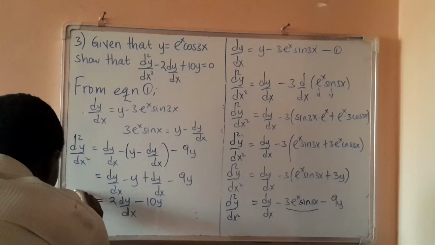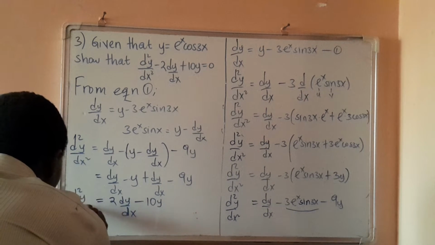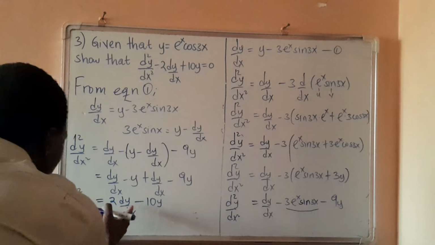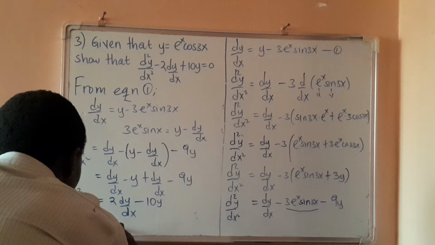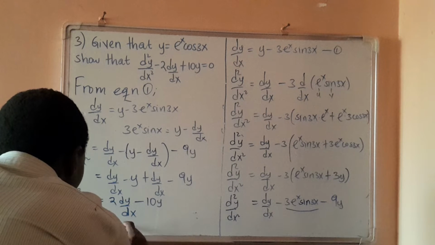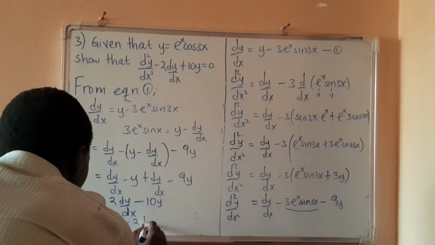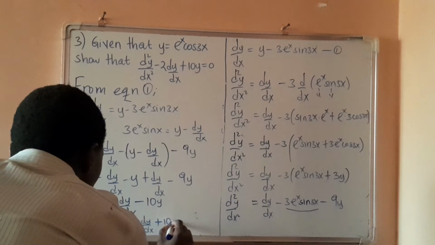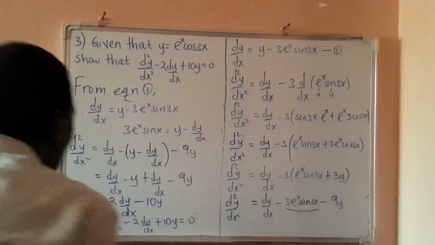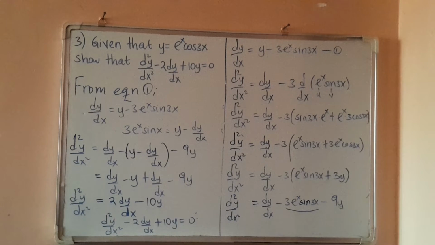This is equal to d squared y dx squared. So bring these terms this side, we shall obtain d squared y dx squared minus 2 dy dx plus 10y equals 0. So that is the required result. For question 3.